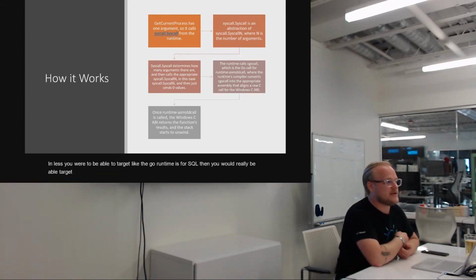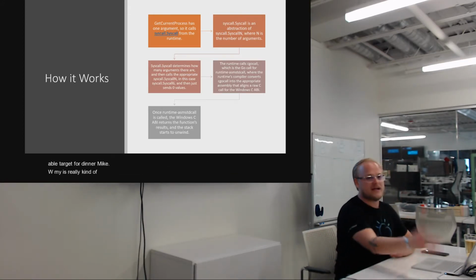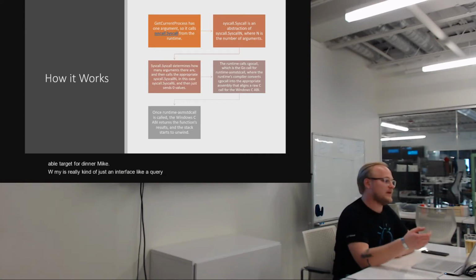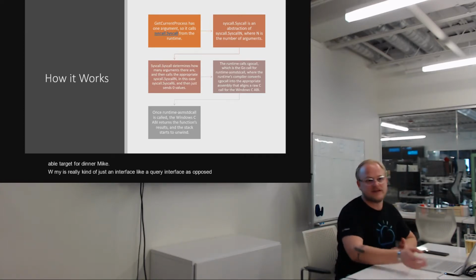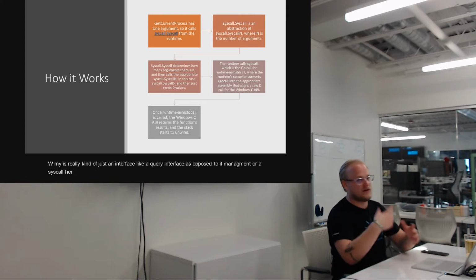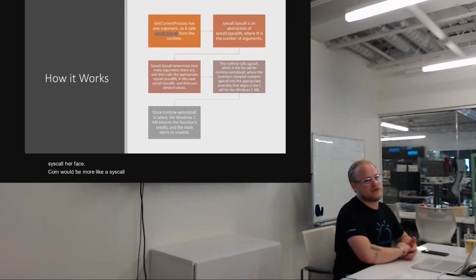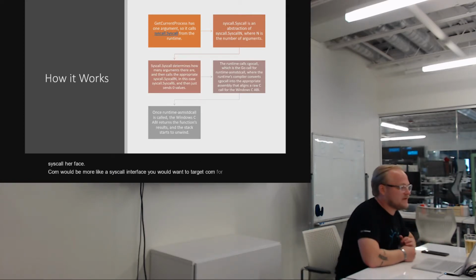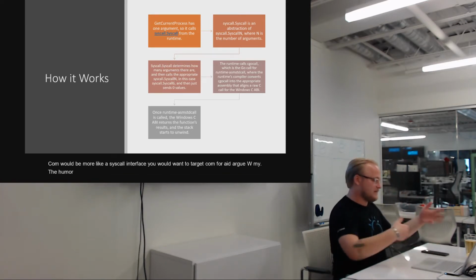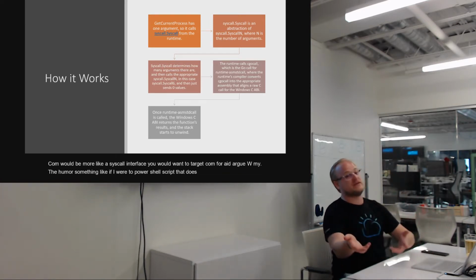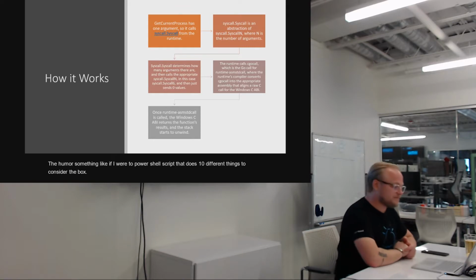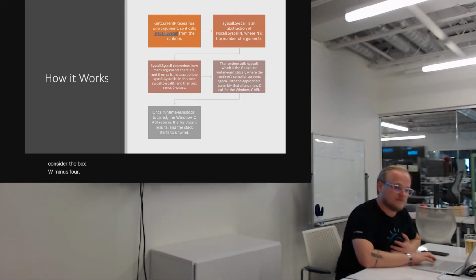WMI is really just a querying interface, as opposed to a management or syscall interface. COM would be more of a syscall interface, and you would want to target COM before you target WMI. WMI is something like, if I were to write a PowerShell script that does 10 different things to configure the box, that's what WMI is for. So, any more questions? No. Cool.